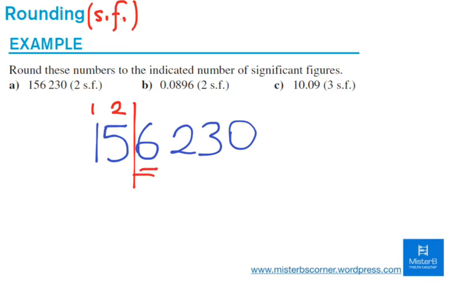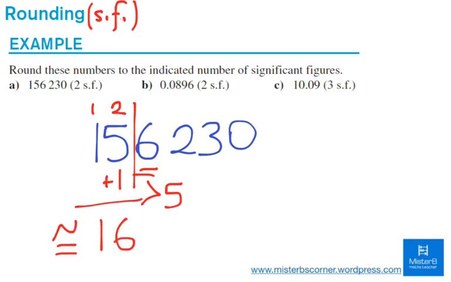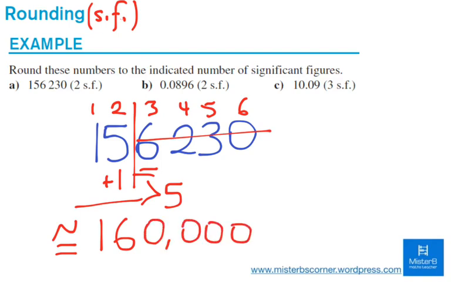So the number next to it is 6, which is bigger than 5, so I have to add 1. So that's going to be 16. That's fine. Now I have the third, fourth, fifth, and sixth digits to be scrapped. However, I'm going to fill in those with zeros, so that it's going to be approximately equal to 160,000.